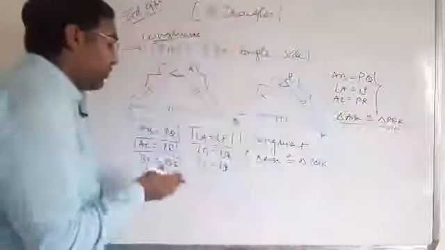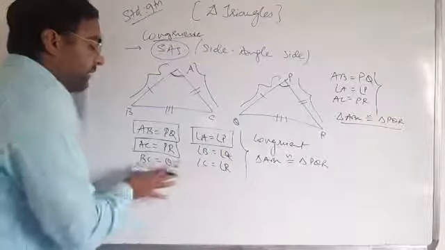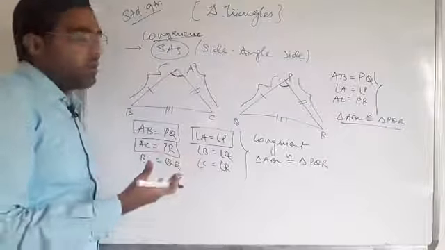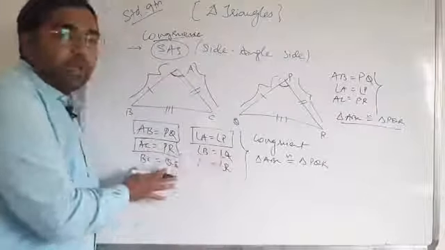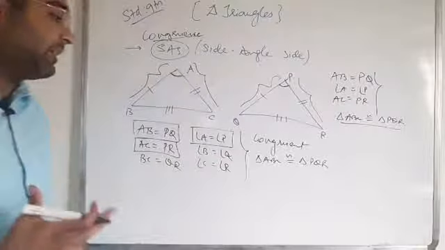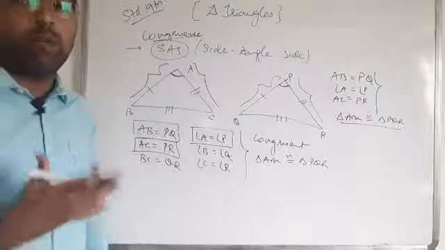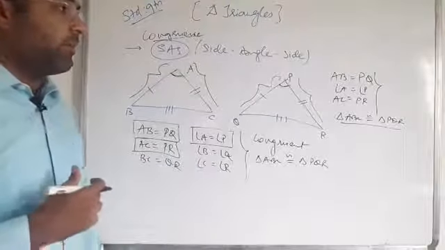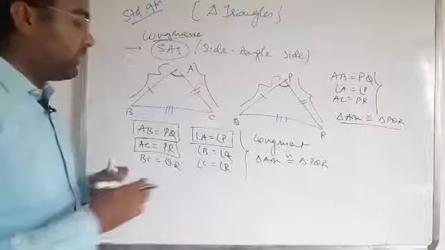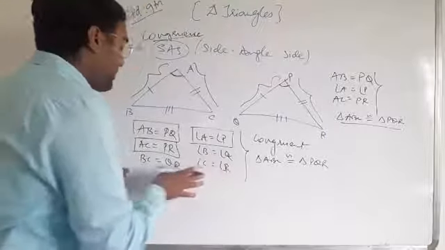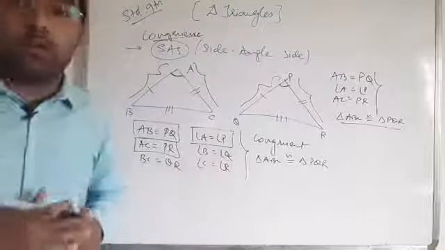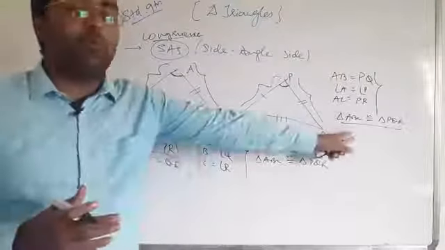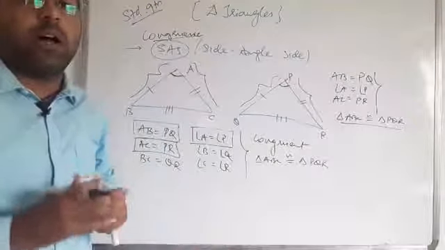We don't need to prove these two angles and one of these sides. That means we don't need to prove the remaining angles and remaining side to show that all of these are equal. They are always equal if we have proved that both triangles are congruent.